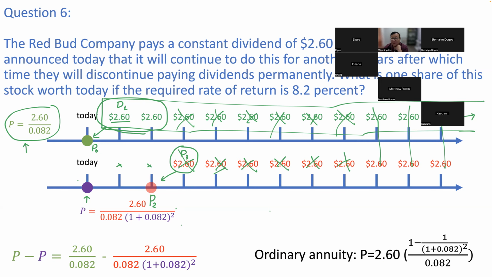The formula for the ordinary annuity is this. And you will notice that these 2 are the same. If you work on this, it's actually the same as the ordinary annuity formula.